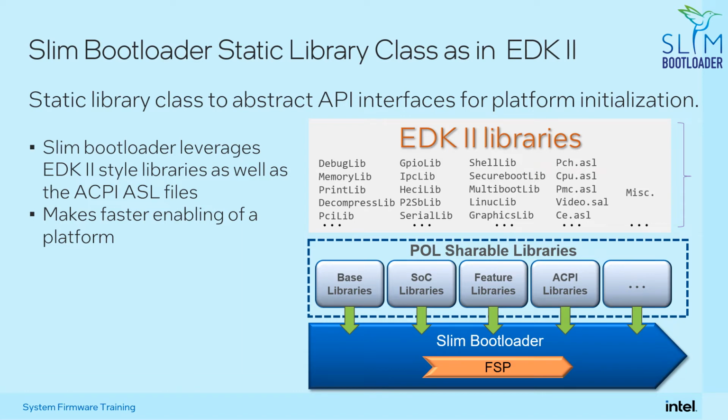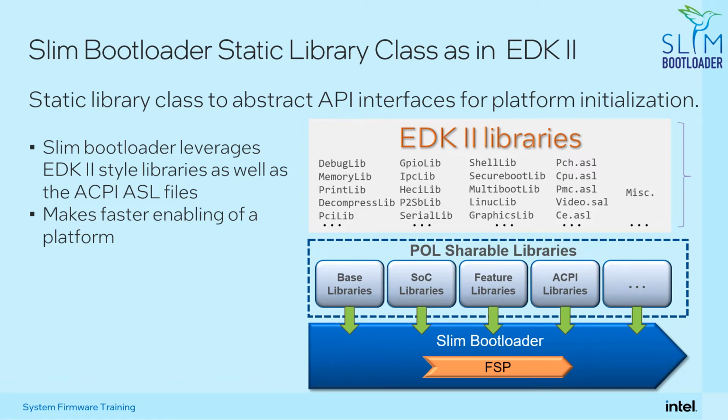Many other libraries, such as SoC access libraries and feature libraries, are also ported from corresponding EDK2 libraries by removing UEFI-specific dependencies. In addition, ACPI ASL files are also borrowed from EDK2 directly. These shareable libraries and files make it easier to quickly enable a platform using the boot solution of a developer's choice.